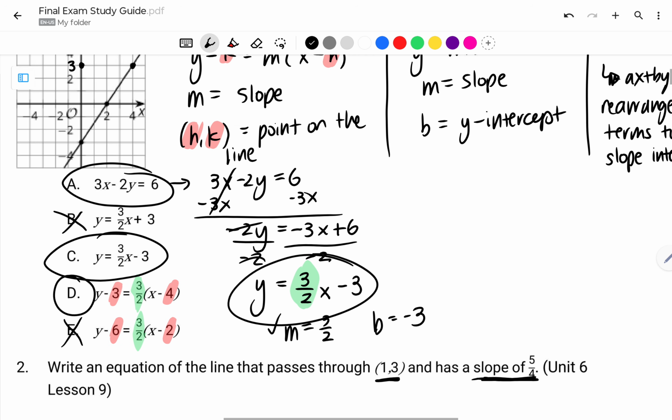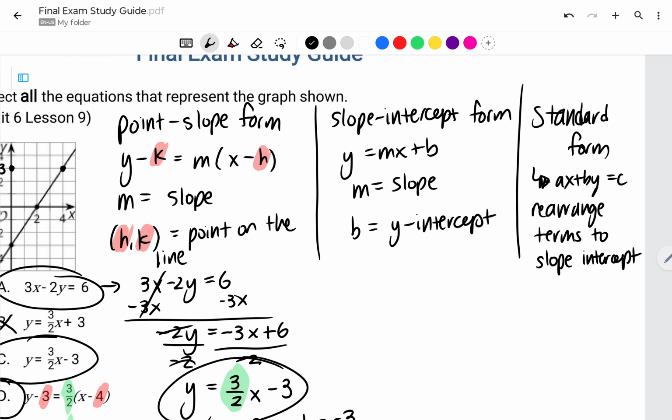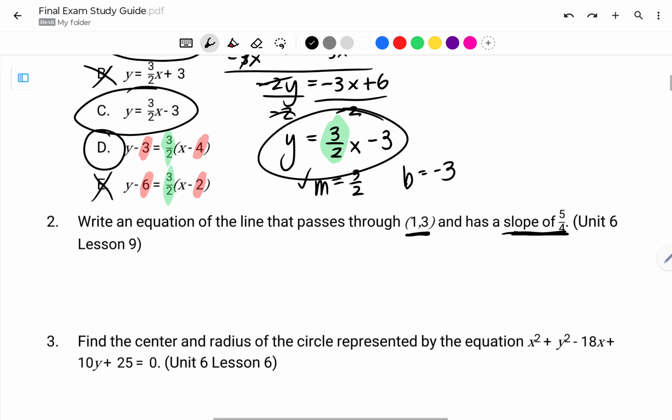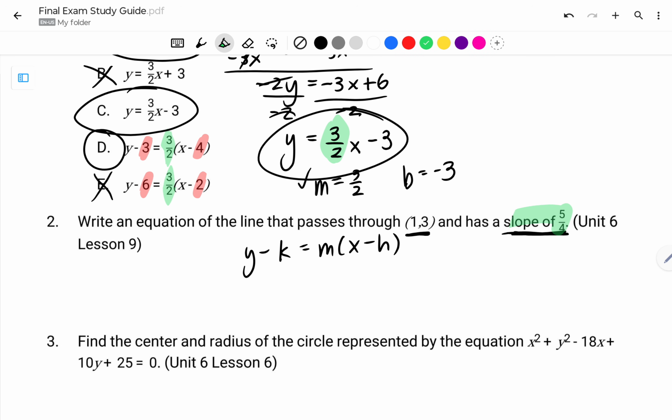So I'm looking at my 3 equations of a line. Which one should I use? Point slope form, right? It gave me a point and a slope. So let's use it. Y minus k equals m times x minus h. I know my slope is m, 5 over 4. And then I know my point on the line has to be 1 and 3.